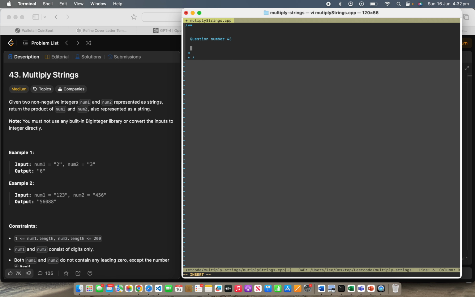Okay, so for this question we are given two non-negative integers, which are number 1 and number 2. They are represented as strings, and we want to have the product of number 1 and number 2.